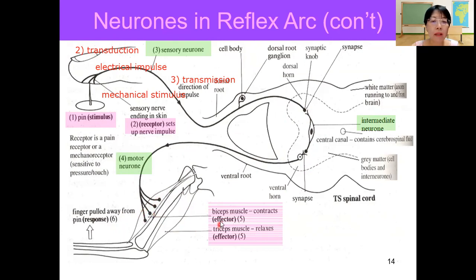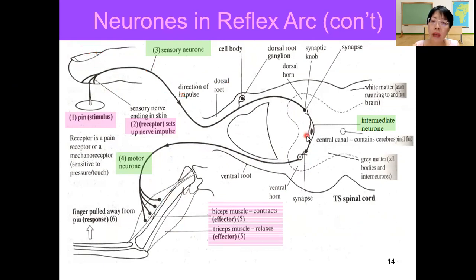Your bicep muscle will contract to pull your finger away from the pin. This is the entire process of the reflex arc, how the electrical impulse is sent along it, and it is the simplest stimulus response model in the body.